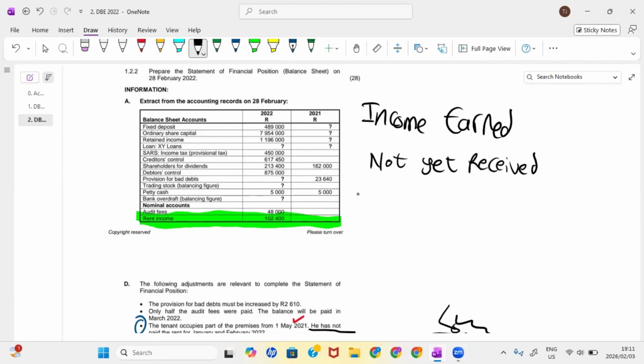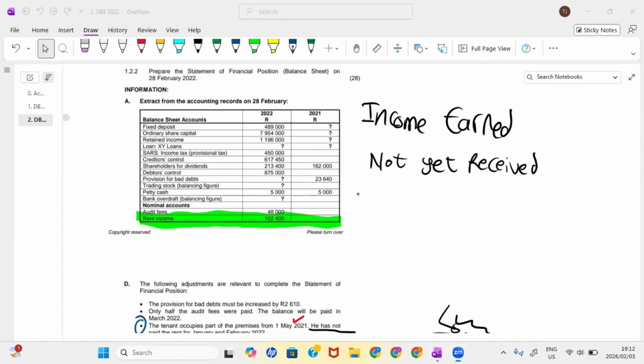What do we classify it as? Income earned, but not yet received. Can I see answers? Answers in the chat. Come on, guys, quickly. Okay, I'm not seeing answers. I'll just give it away.